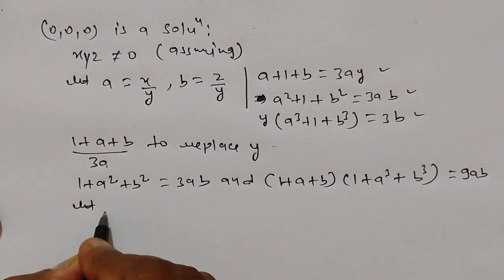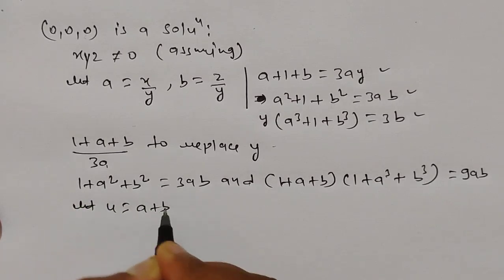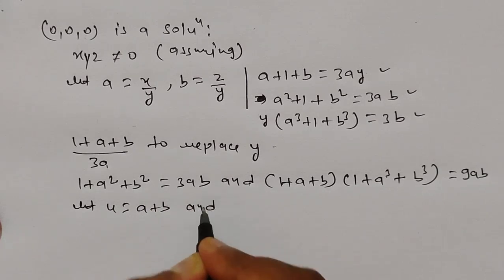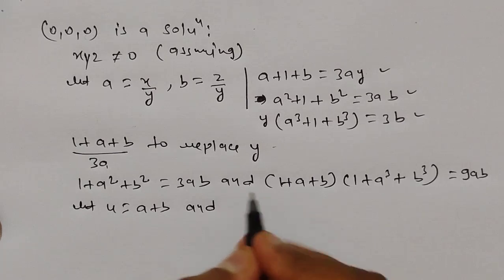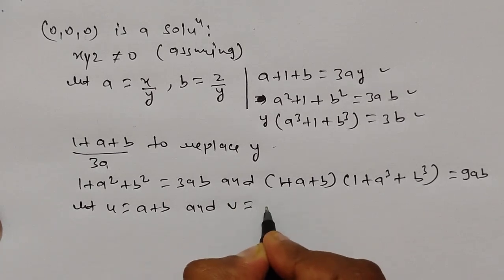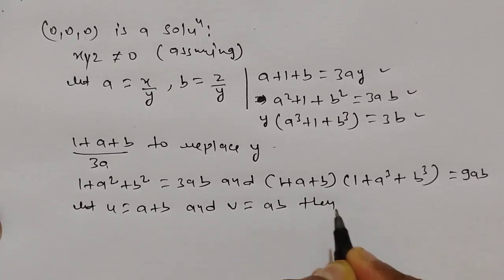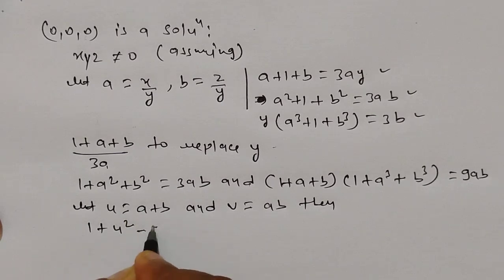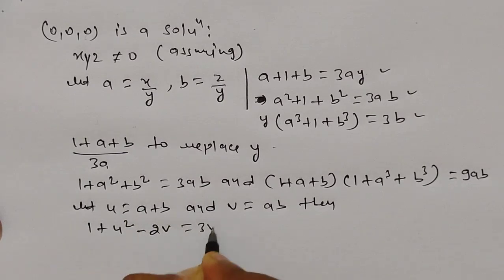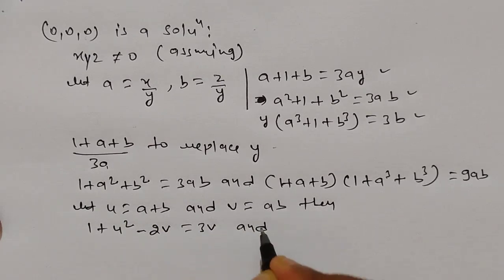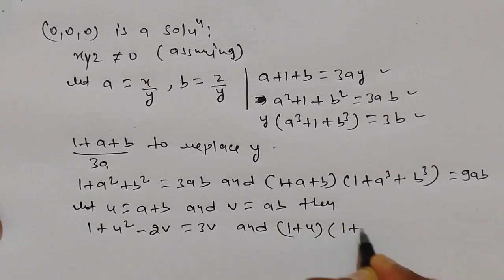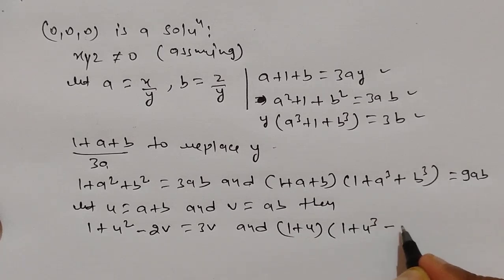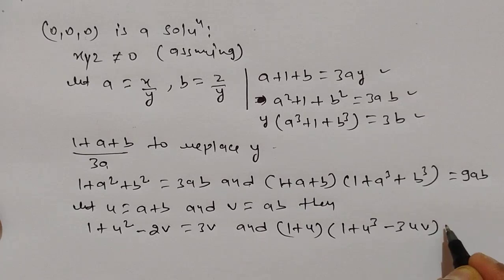Let u be equal to a plus b, and for the product of a and b, let v be equal to ab. Then 1 plus u square minus 2v is equal to 3v, and (1 plus u) into (1 plus u cube minus 3uv) is equal to 9 times v.